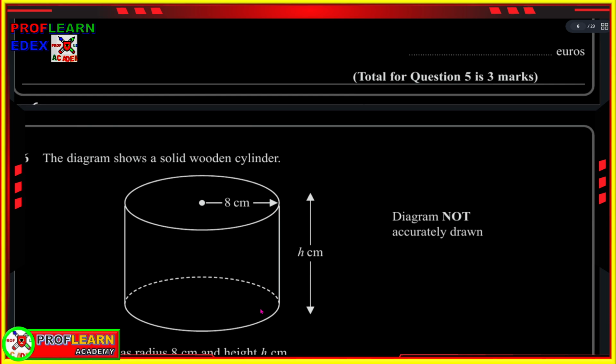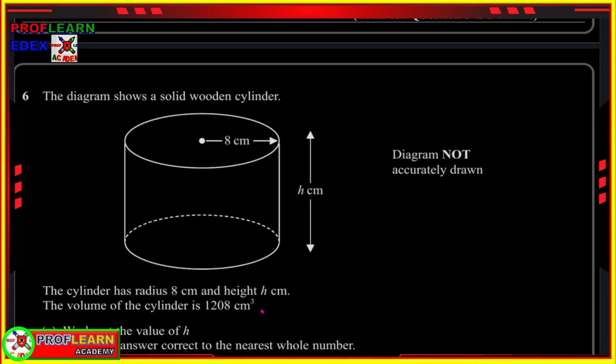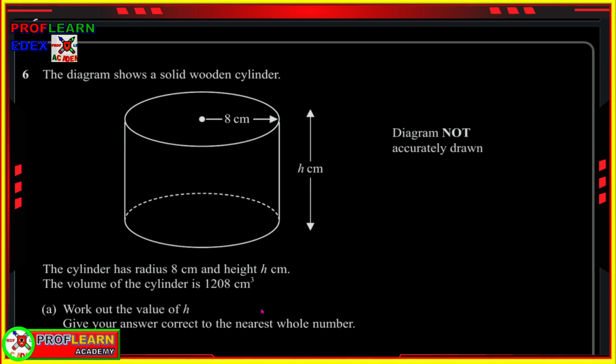All right, so in question number 6, we are supposed to work out the value of h, but we are told the cylinder has a radius of 8 and has the volume of that. So the most important thing that we need to remember here is that volume is equals to pi r squared h. That is the formula for volume of a cylinder, so that we can use this formula there.